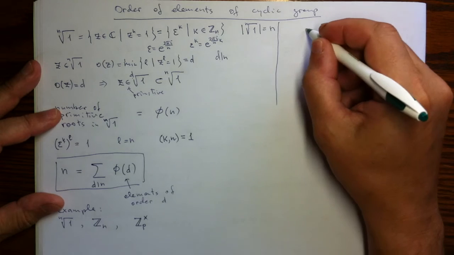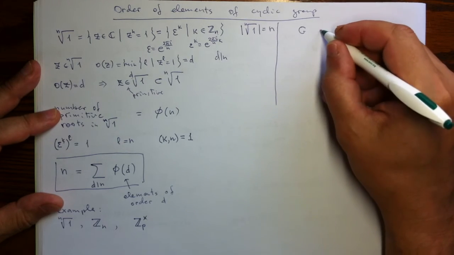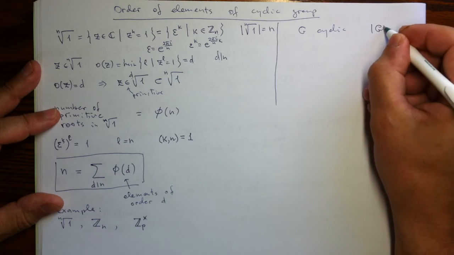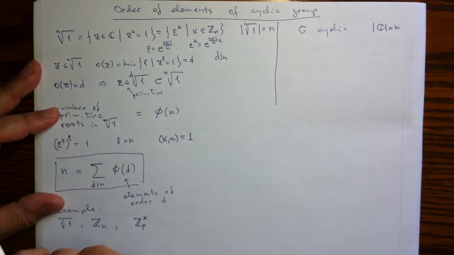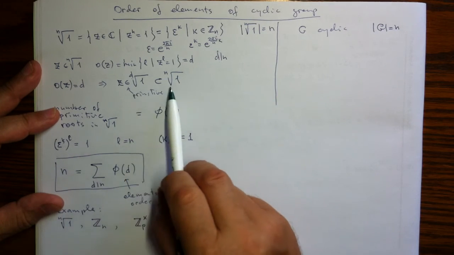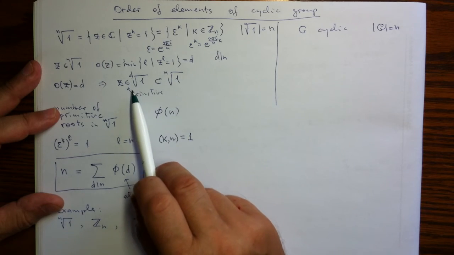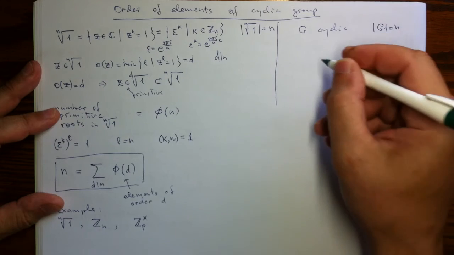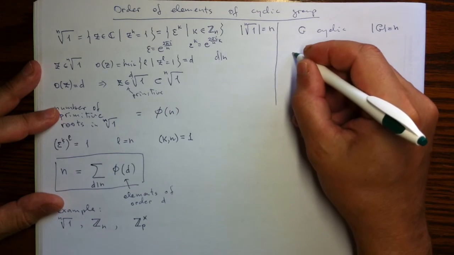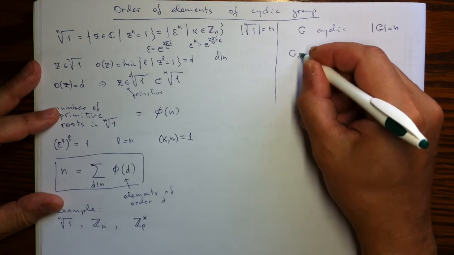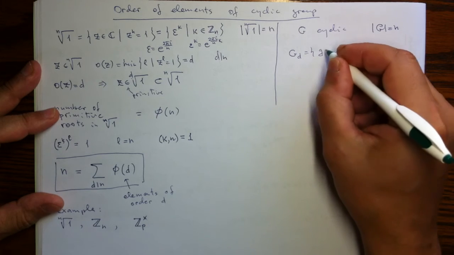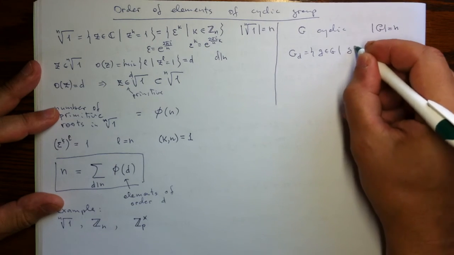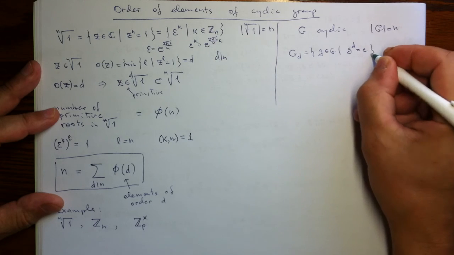So maybe just a bit more of a general group theory reformulation of what we have observed here. So let's imagine again a generic cyclic group G of order n. Let's look at the subset in the cyclic group of those elements which solve this equation.